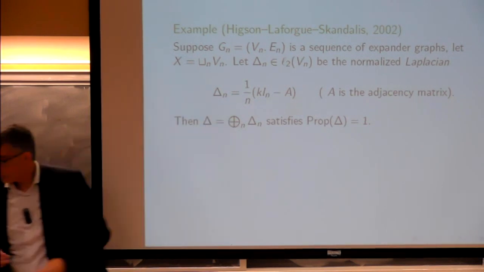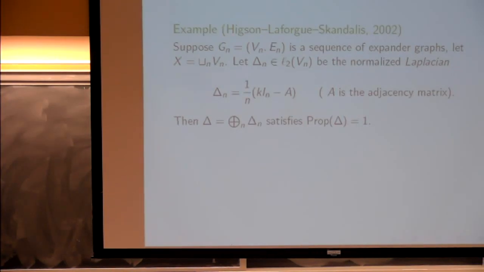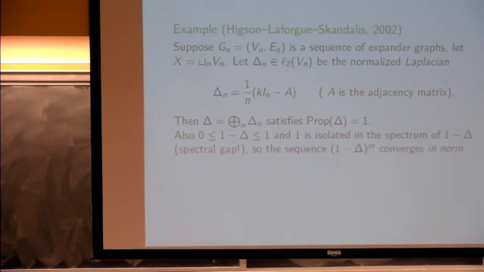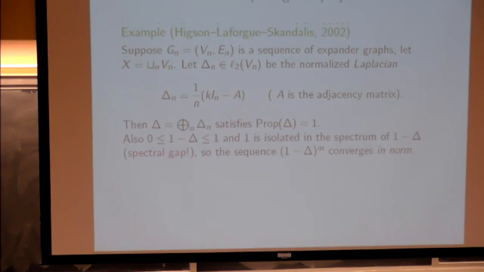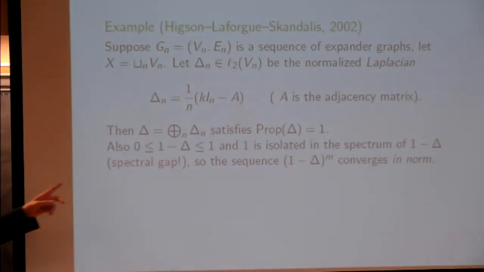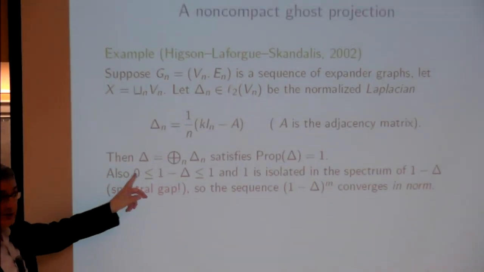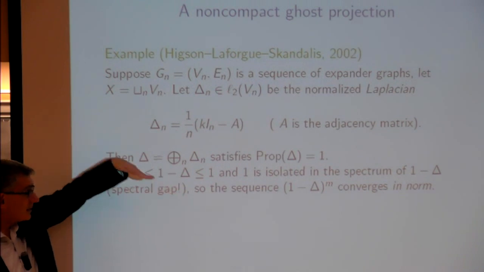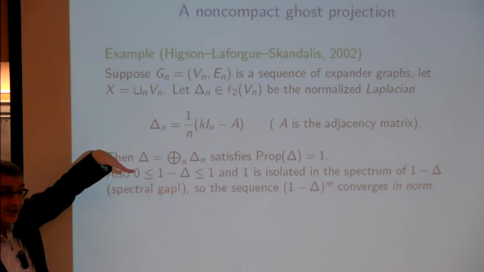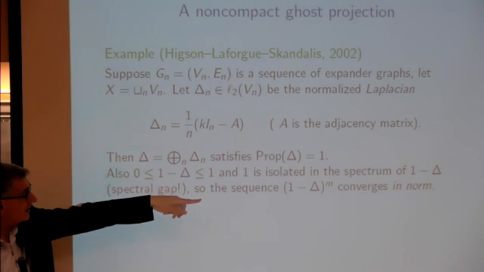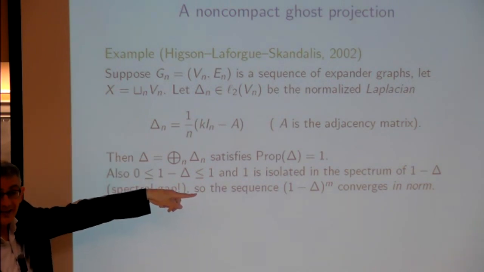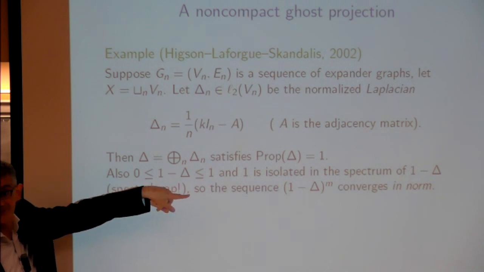Okay, their direct sum also has propagation 1, but it has more than that. Because of the expander property, this operator, which is a positive operator between 0 and 1, has 1 in its spectrum, but 1 is an isolated point in the spectrum. So if you take higher and higher powers, this sequence converges in norm.